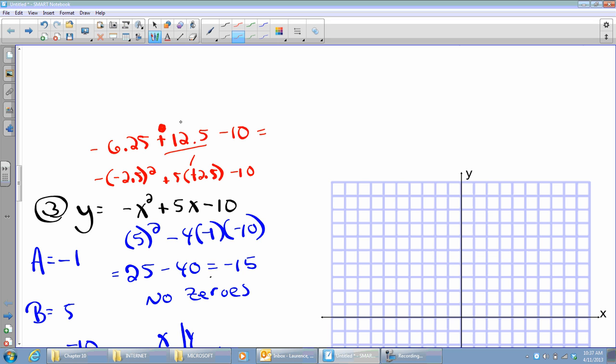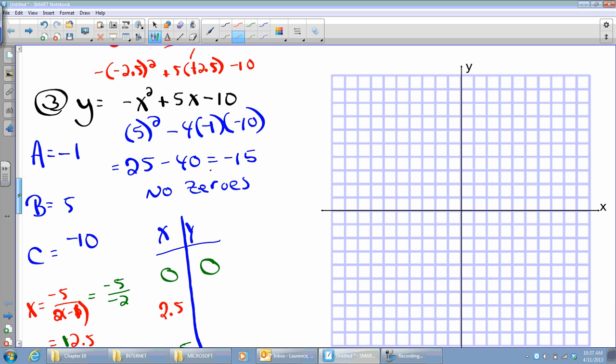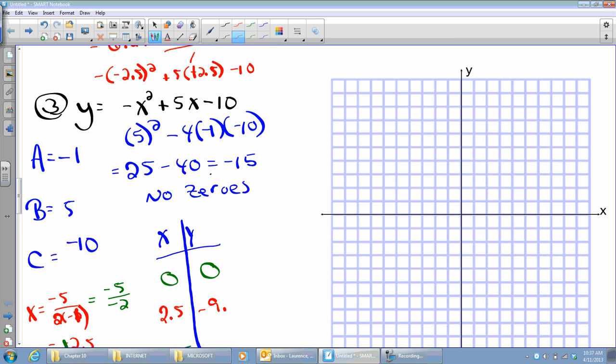This is what I expect to happen. So if I combine these two numbers, I think I'm going to get 0.25 and then a minus 10, which would be a negative 9 and 3/4. So there we go. That looks a little bit better. So we're going to 2.5 and negative 9 and 3/4.